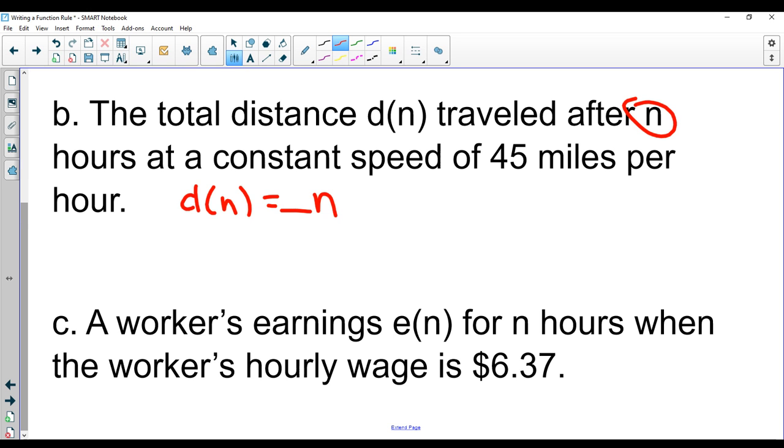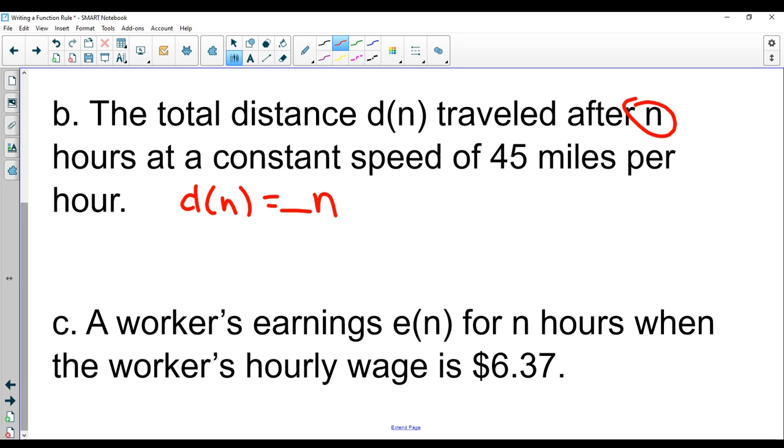So I start from some location and I travel at 45 miles per hour constantly. I don't change. So after 1 hour, that means I've gone 45 miles. After 2 hours, I've gone 90 miles because I would add another 45. After 3 hours, I would have gone 135 miles. And then 4 hours would be 180 miles.